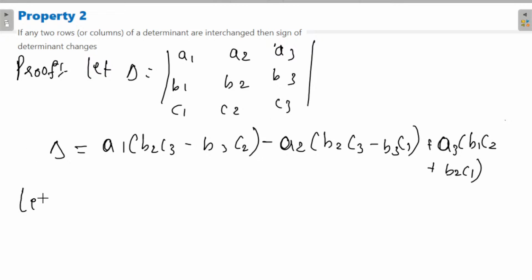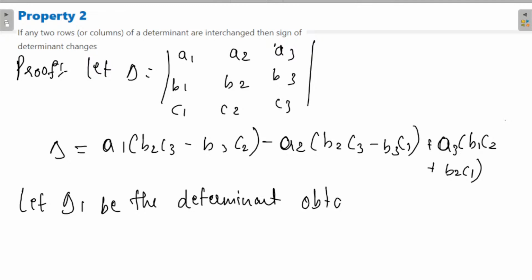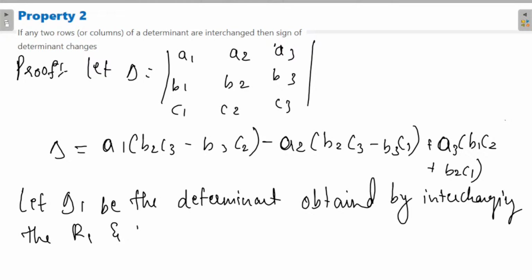Now here you should write: let delta 1 be the determinant obtained by interchanging the rows R1 and R2. Usually we interchange these rows, but they are asking R1 and R3.